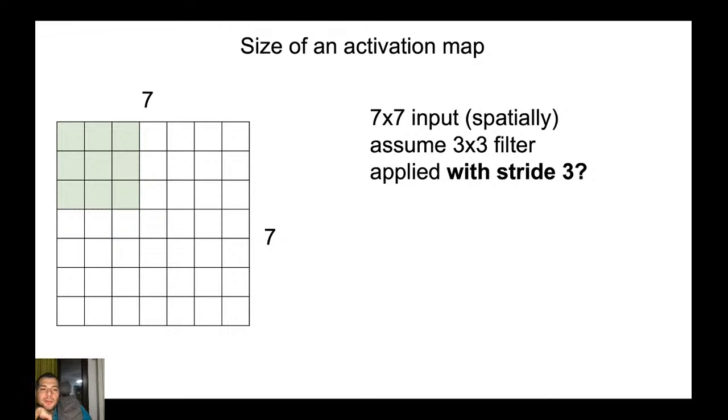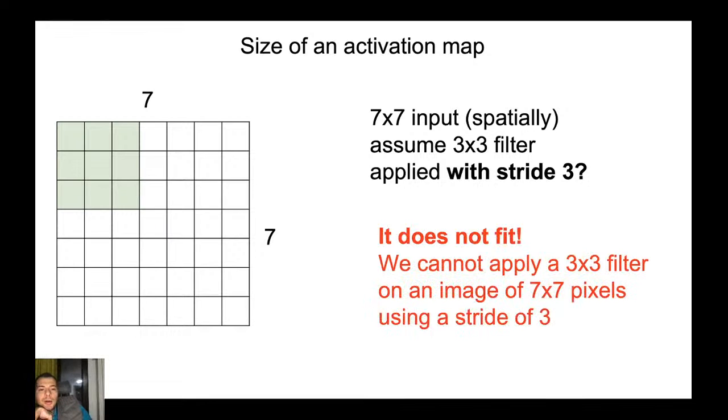So what happens if we want to use a stride equal to 3? We cannot fit it exactly, so we cannot apply a 3 by 3 filter on an image of 7 by 7 pixels using a stride 3. This is because in this case the filter will not apply.